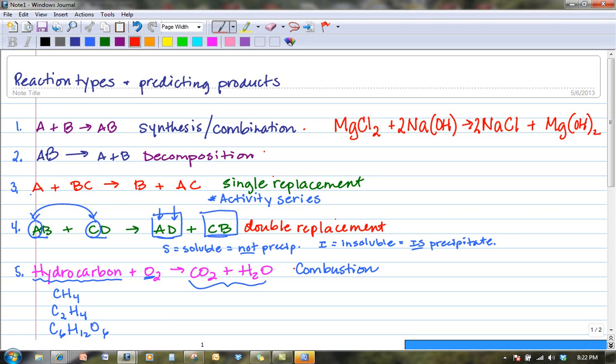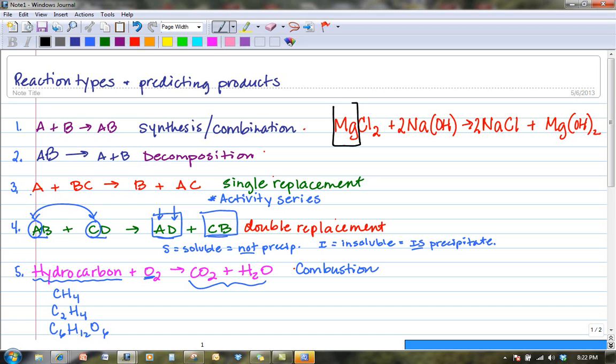Okay, and I'm good. So to figure out what type of reaction we have, I'm going to put a letter above each element, but also above each polyatomic ion. Remember that the polyatomic ions are counted as single entities, so we're not going to break them apart.